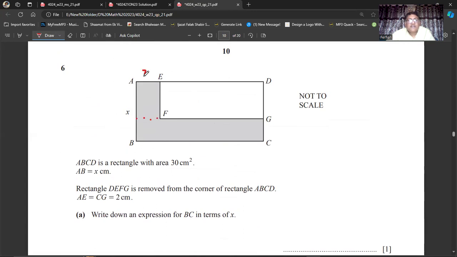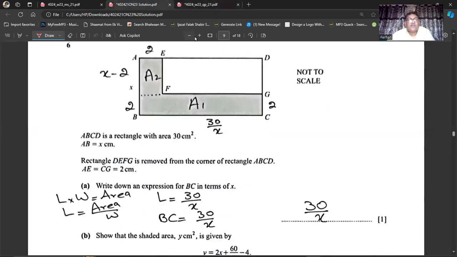This is basically 2, this is 2, and this side will be x minus 2, and this is 30 by x.